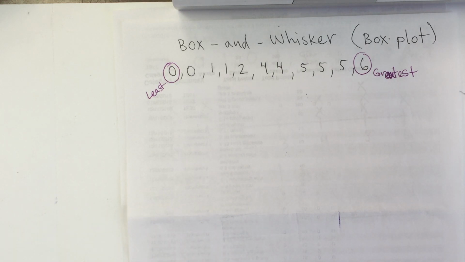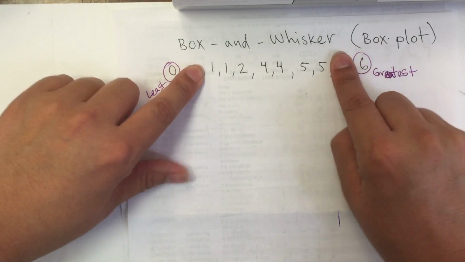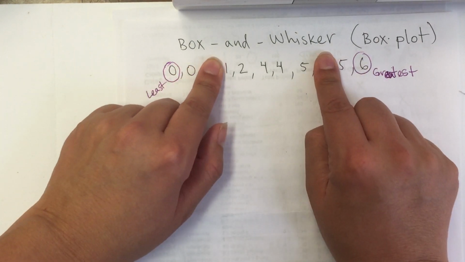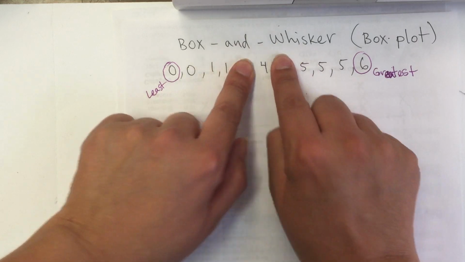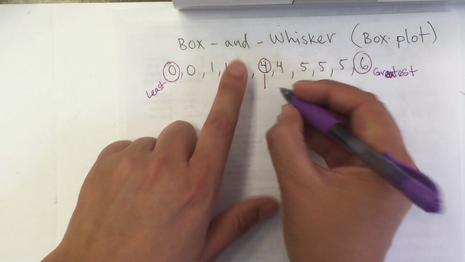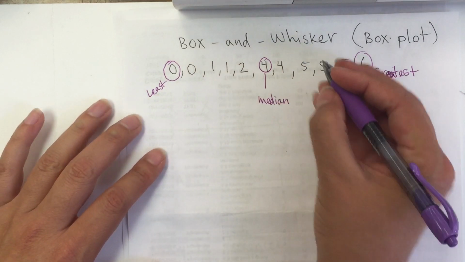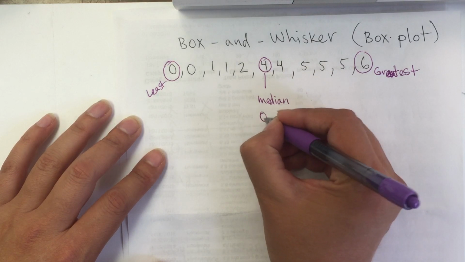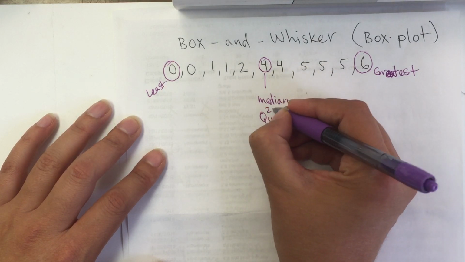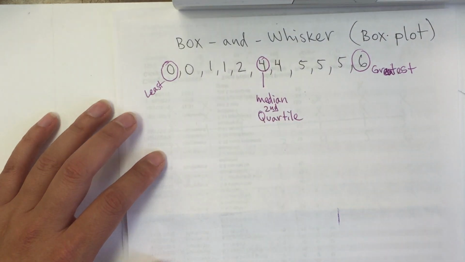The median is the one that is in the middle. So all you have to do is cross one from each side, one from each side. And so that will be your median, which in here we're also gonna call the second quartile.